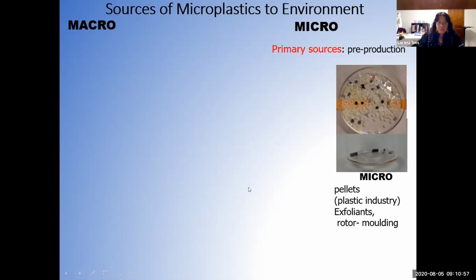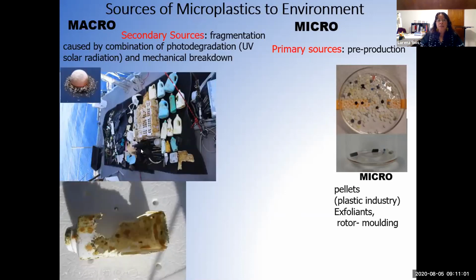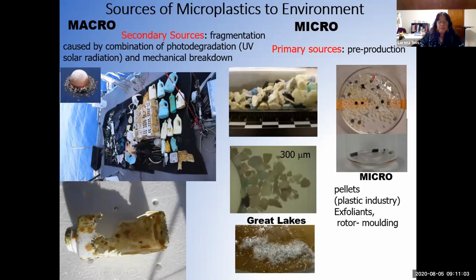And we have the secondary sources, that is the fragmentation of the macroplastic to produce the microplastic. And this is the combination of the photodegradation with the mechanical breakdown. And I always like to add one tertiary source, that I observed in the ocean, when the big animals are biting the plastic, and then they are doing the fragmentation.